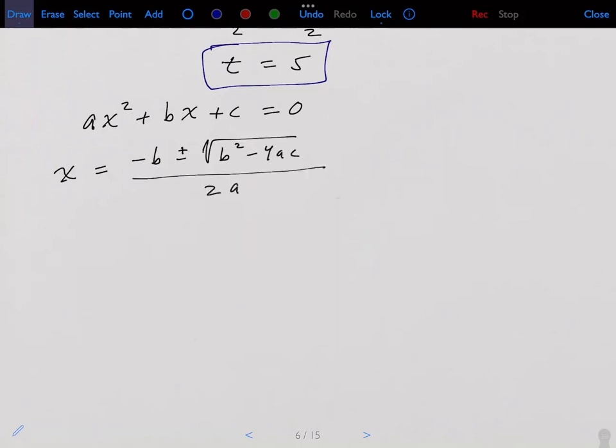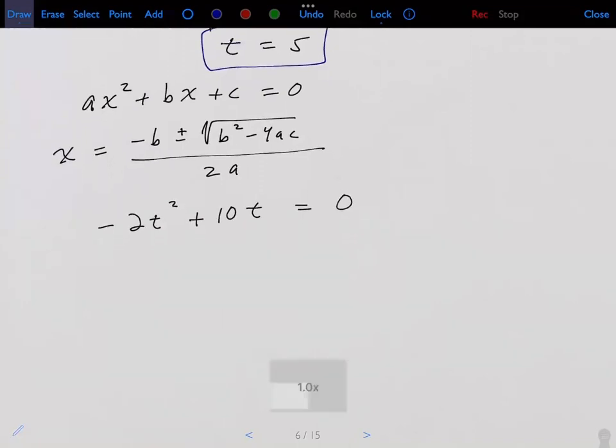That will always work if you have a quadratic equation. The way I would do this, though, is I would first write it in this form. So I would put the squared term first. So we had minus 2t squared plus 10t, and then plus 0, there's no constant, is equal to 0.